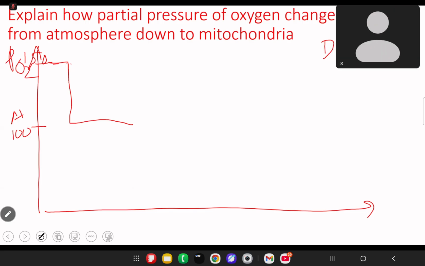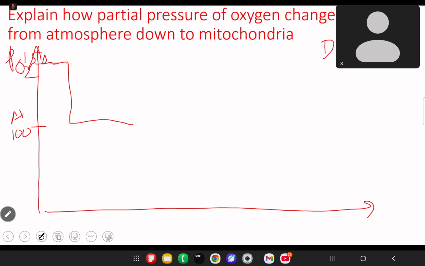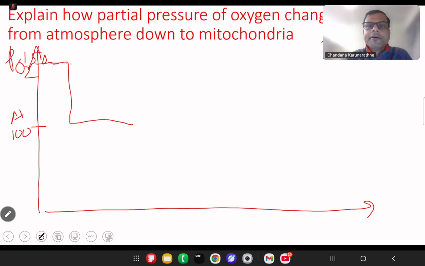The mixed venous gas, there's 16%. So it mixes with that and reduces to 100. What is 16%? No, the 21% reduced to 16% after consumption. So it mixes with the 150. Okay, so one is oxygen consumption.